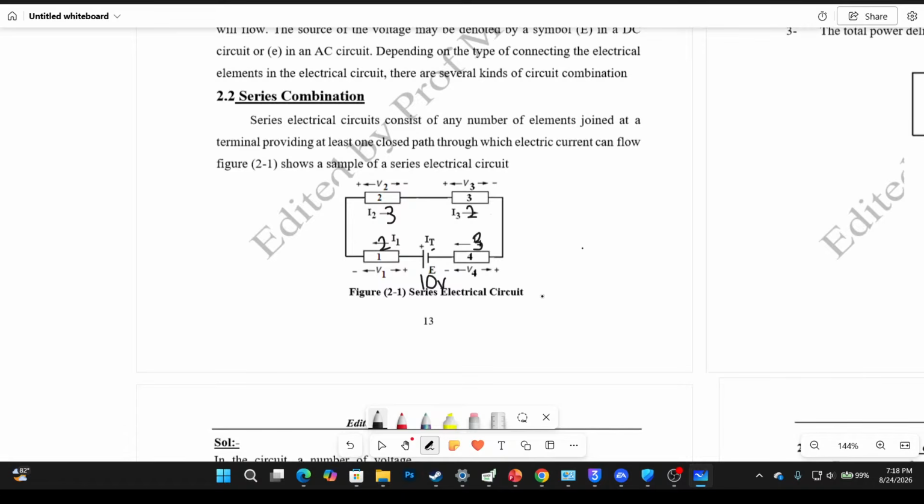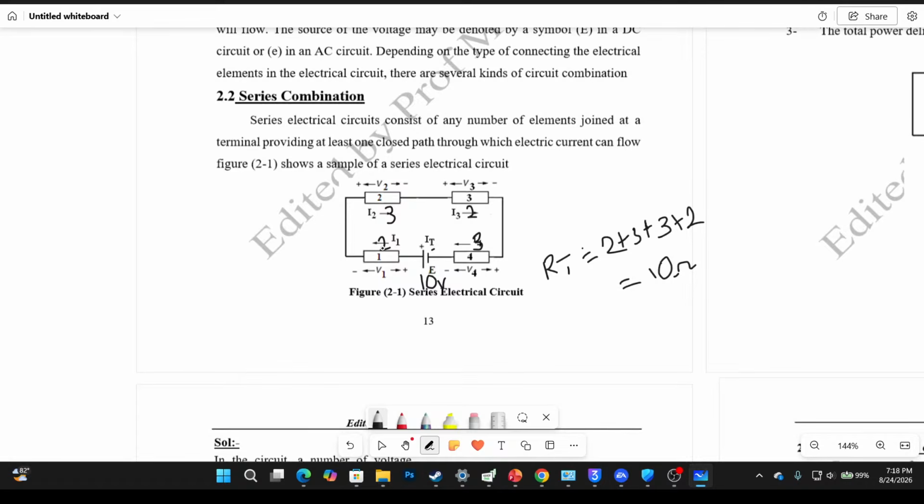To calculate the total resistance, which is RT, we sum up the resistance, which is 2 plus 3 plus 3 plus 2. So this gives us a total of 10 ohms.